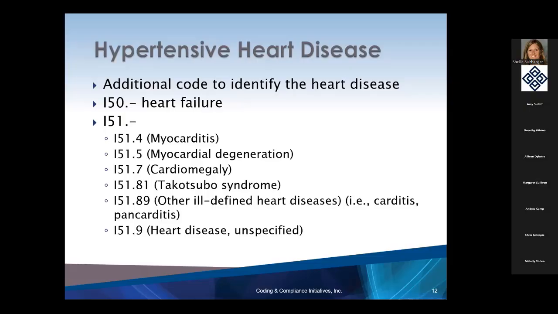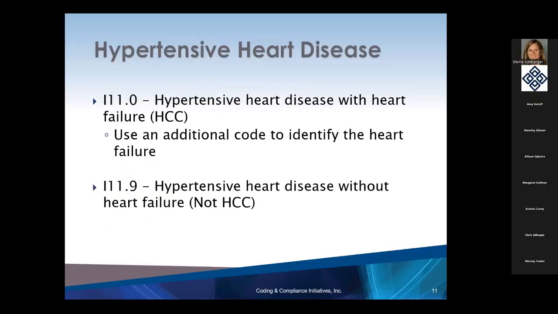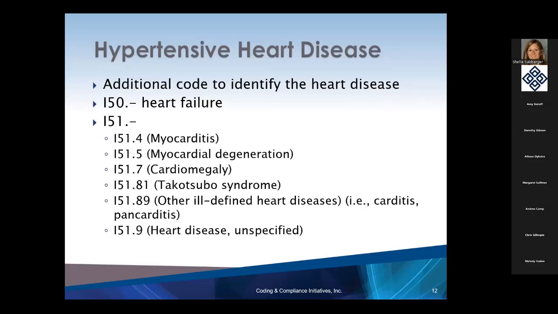So if you see that your provider is reporting I-10 and I-50.X, as long as the documentation does not specify that these are not related, then you can code that I-11.0 code in addition to their I-50. So you would replace your I-10.